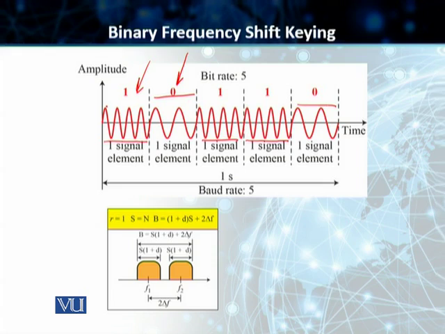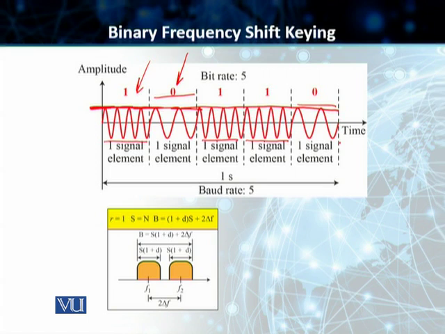Students, गौर कीजिएगा, amplitude throughout remains constant. So your amplitude is constant. Once again, your phase remains constant as well. The only thing that's changing in FSK is your frequency, and we'll see in the implementation how it changes with reference to the carrier signal.